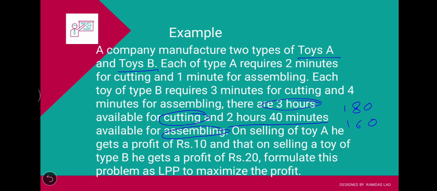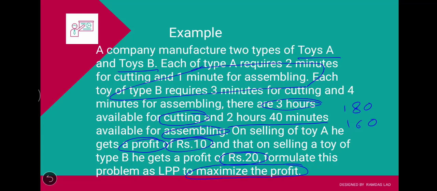Then as per the requirement, each product requires this information given here. So you can make an equation for the constraint. Then the objective function is given. What is given? Profit for toys A is rupees 10 and profit for toys B is rupees 20. You have to formulate the LPP to maximize the profit.